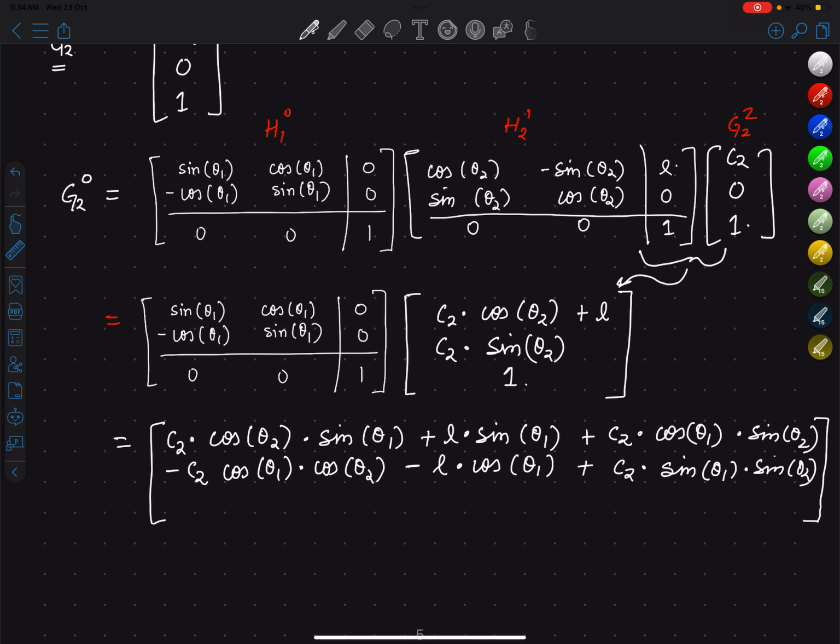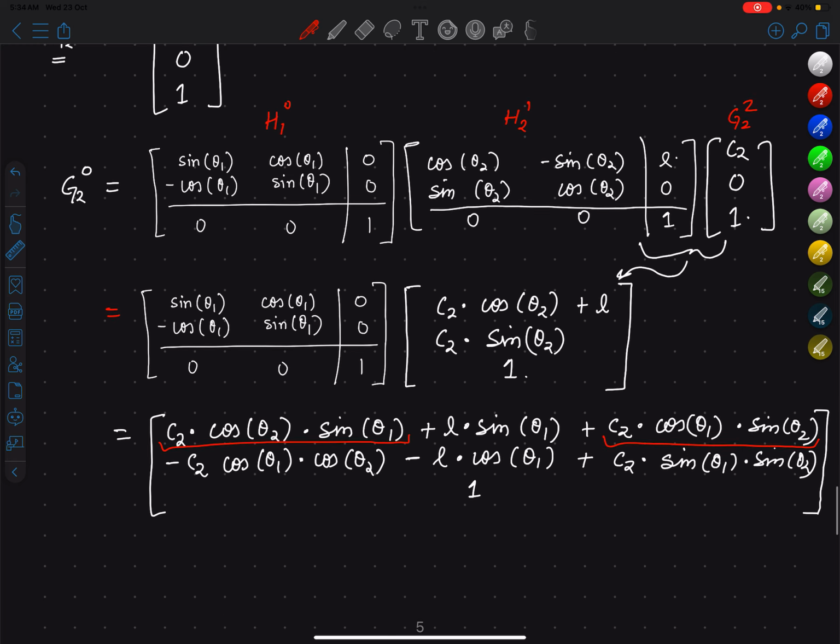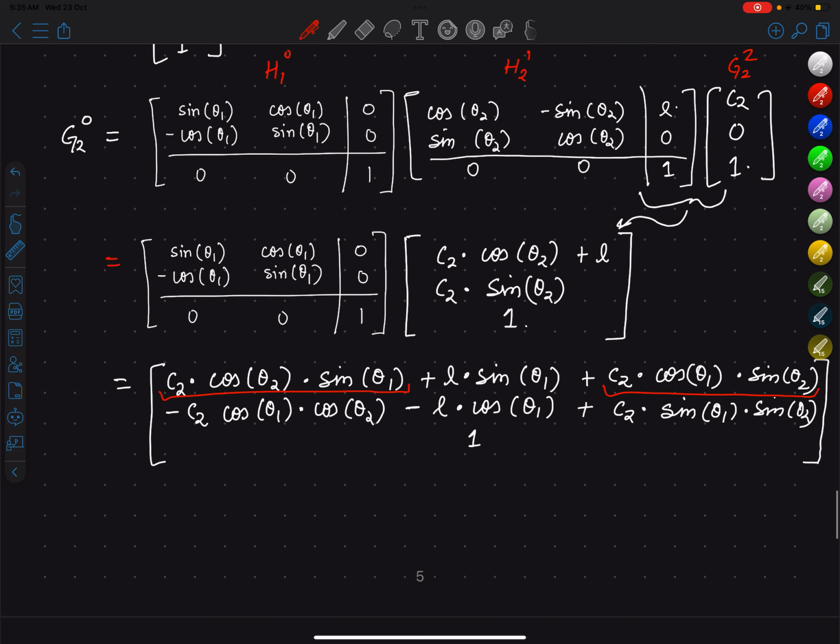And the last one will be 1. If you look closely, these two terms, when added, form a trigonometric identity, and what they form is C2 into sine of theta 1 plus theta 2, plus L sine theta 1.